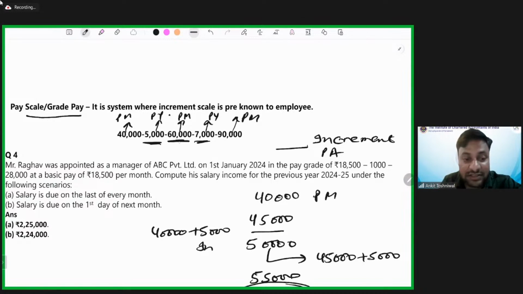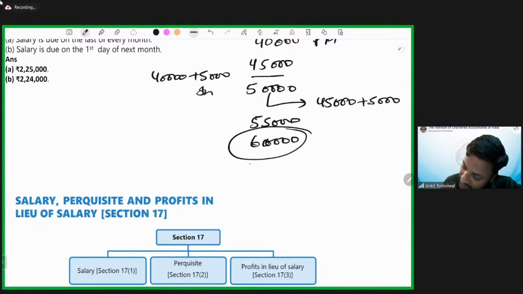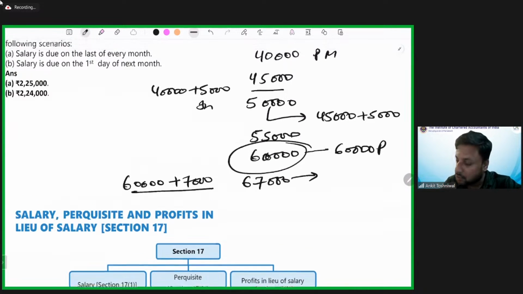After reaching the salary of 60,000 per month, your increment will increase to 7,000. That means the next year, your salary will be 67,000. For this year, 60,000 per month. In the next year, 60,000 plus 7,000, the new increment slab, and your salary will be 67,000. This is known as pay grade.